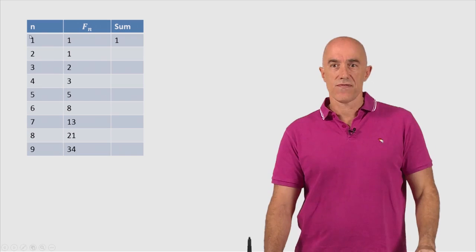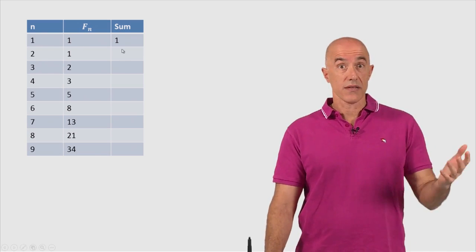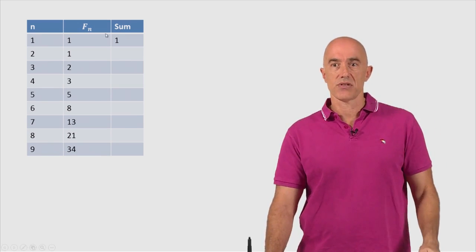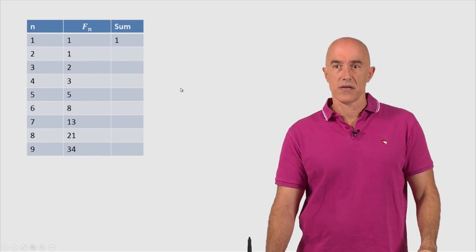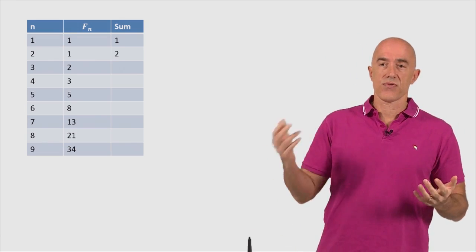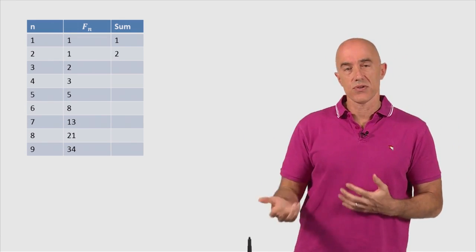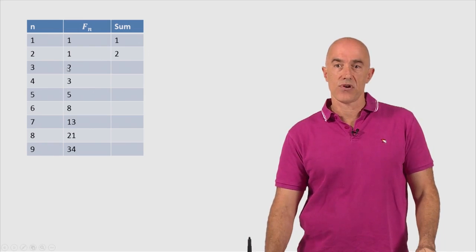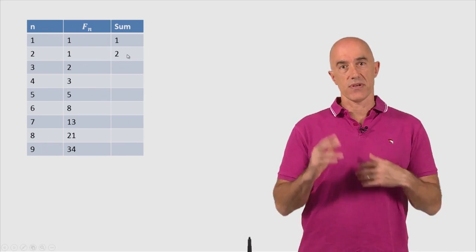So the sum of the first Fibonacci number is 1. It's just f sub 1. The sum of the first 2 Fibonacci numbers is 1 plus 1, so that will be 2. The sum of the first 3 is 1 plus 1 plus 2, but actually all we have to do is add the third Fibonacci number to the previous sum.